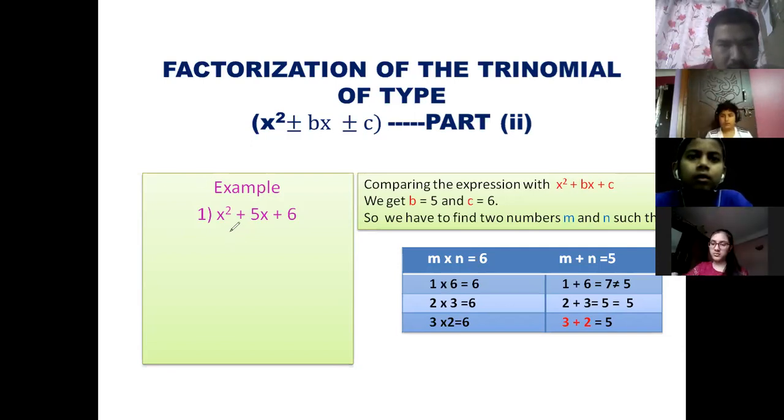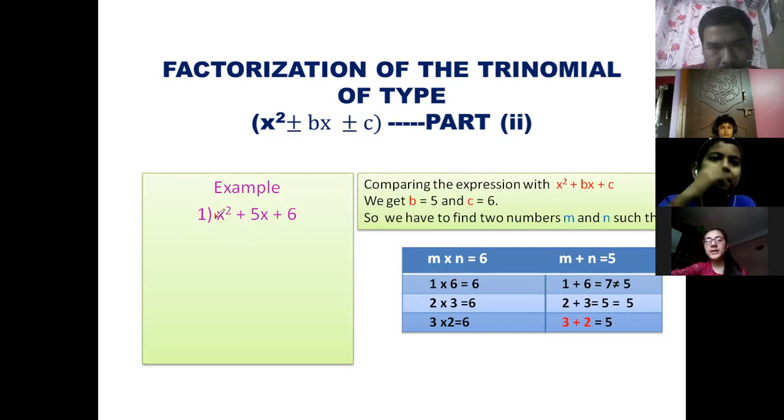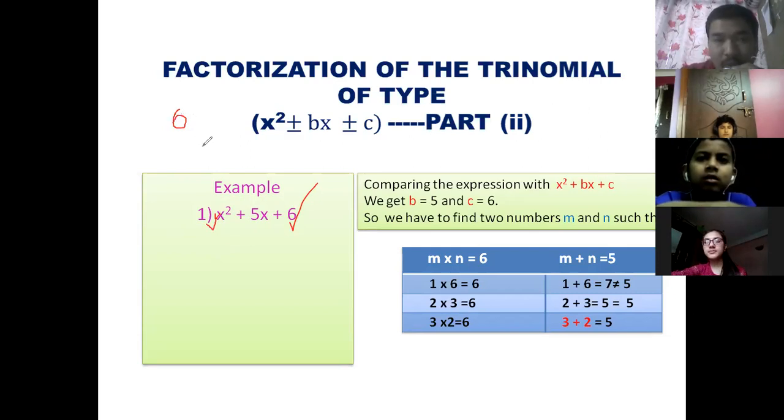What is the coefficient of x square? 1. Good. Coefficient of x square is 1. What is the last term here? 6. This 1 into 6, what is coming? 6. Good.